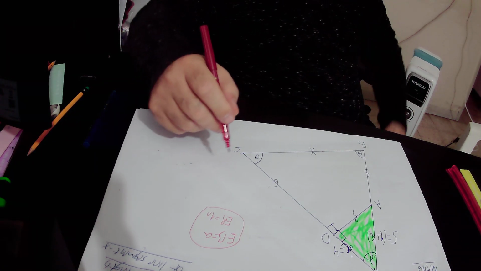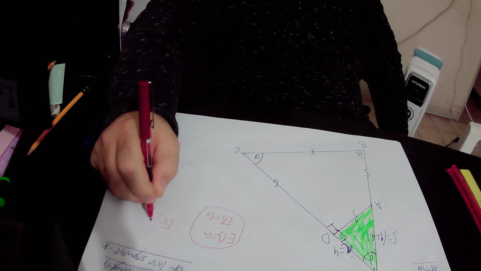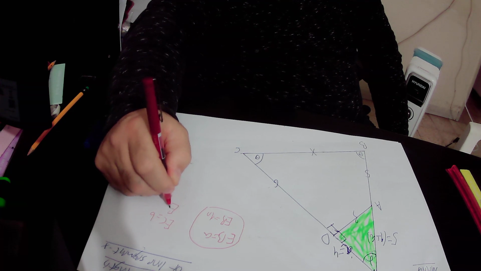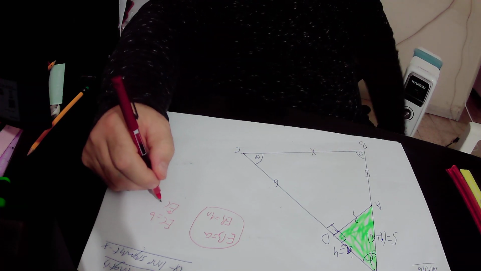EC equals B, and EC also equals 4 plus 6, that is also 10 units.